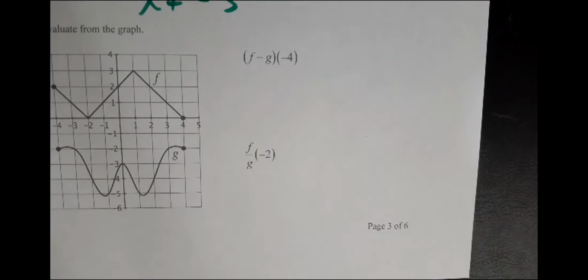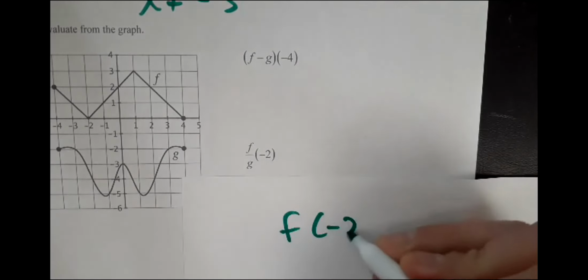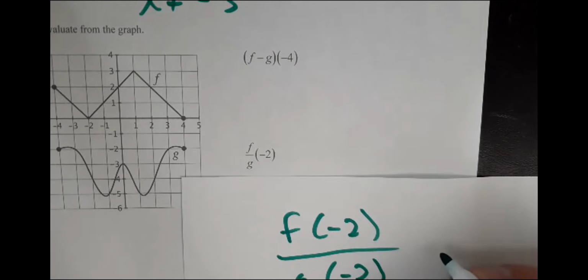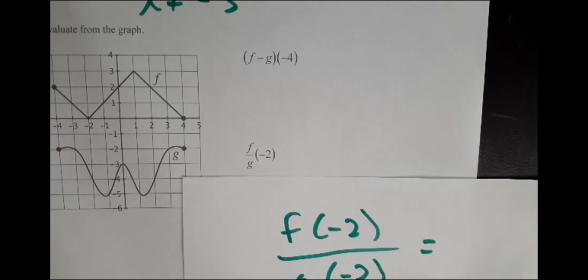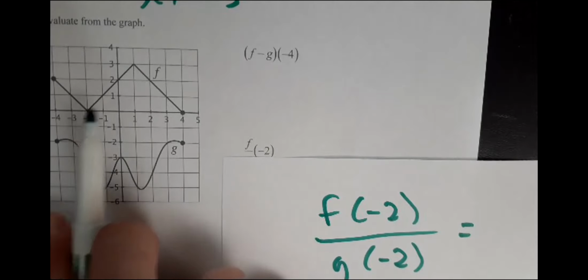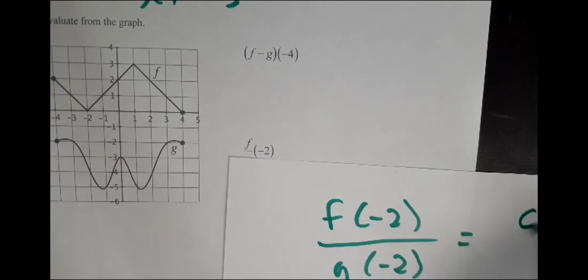Same thing with this other function. I want to write out the definition of this thing first, if I don't see it: f of minus 2 divided by g. I'm going here to minus 2. My f of minus 2 is right here. My y value here is 0.